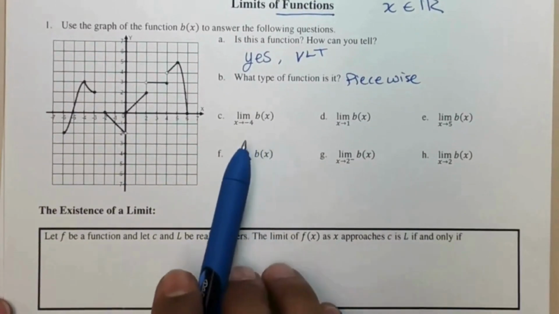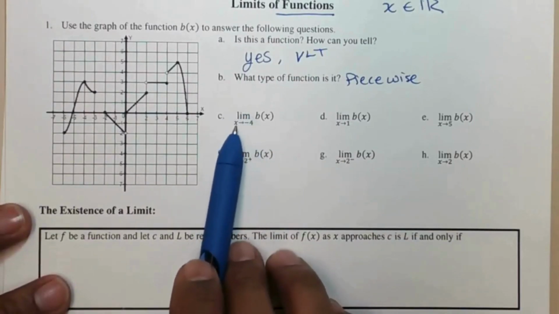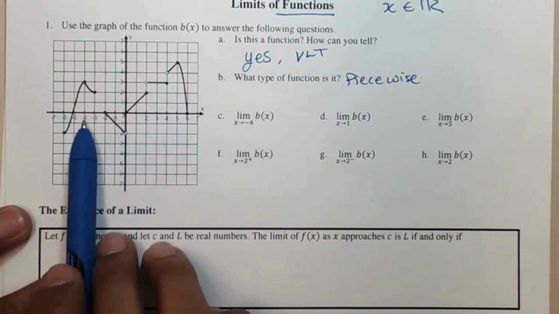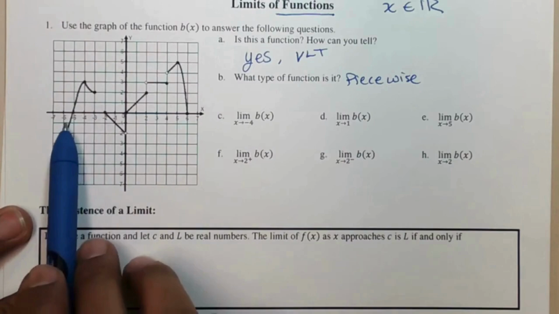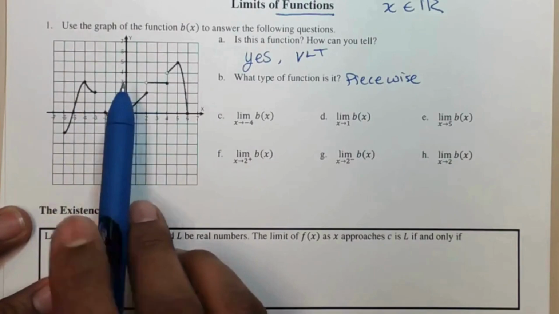So like what we talked about with limits of sequences, this limit is telling us: as x gets closer to -4, what is our output? What is our y value? So x is -4 here. If my x's get closer and closer to that, what y value do I end up getting? 3.